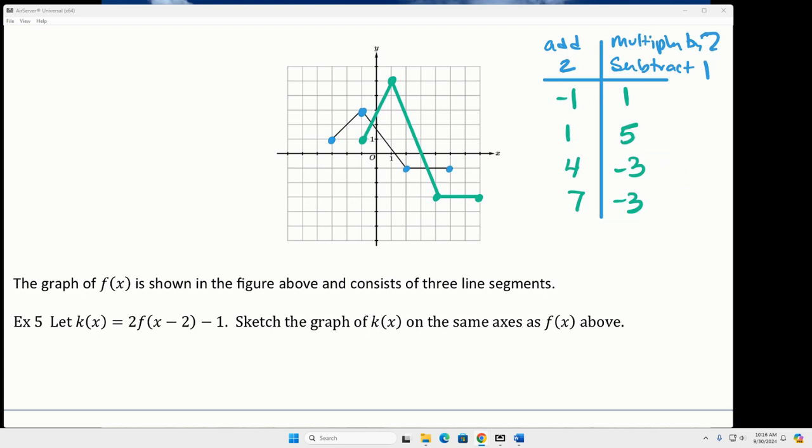Okay, so this one should have shifted right 2 and down 1, and it should also have stretched to be 2 times as tall as the original.